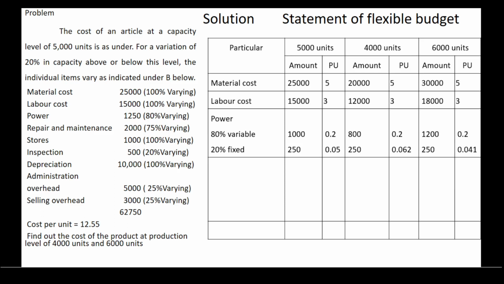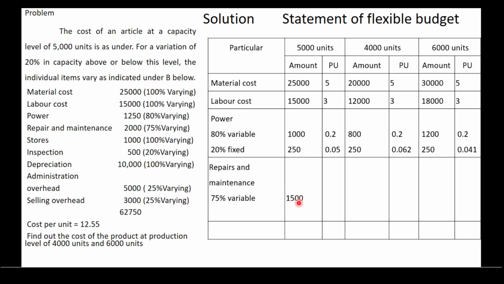So here we enter repairs and maintenance. In this amount 75% is variable. So 75% is calculated as 2000 rupees into 75 divided by 100. 75% ಅನ್ನು ಹೇಗೆ ನಾವು ಕ್ಯಾಲ್ಕುಲೇಟ್ ಮಾಡ್ತೀವಿ, 2000 into 75 divided by 100. So now the amount is rupees 1500.